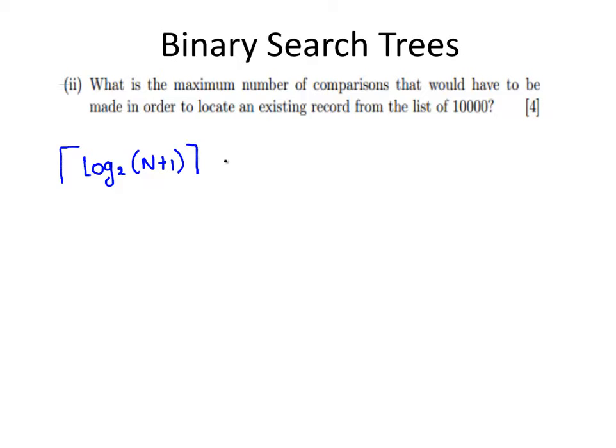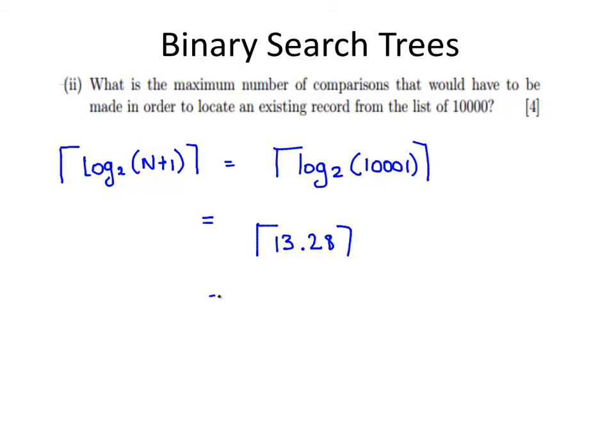That is the ceiling function of log to the base 2 of 10,001, which works out to be 13.28. So the next highest integer up from that is 14. So that is the answer to that one.